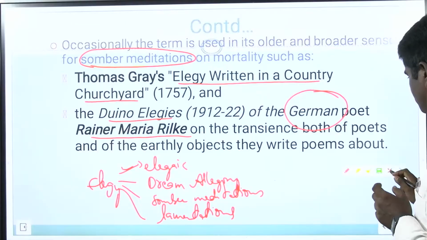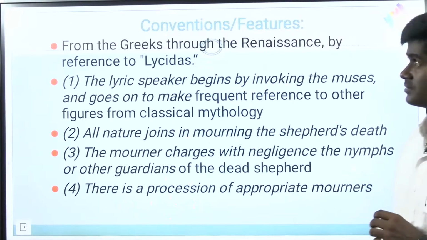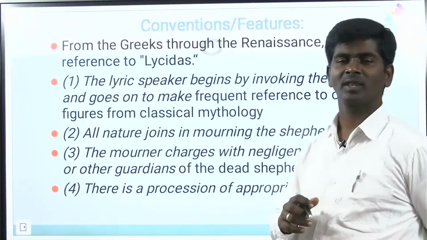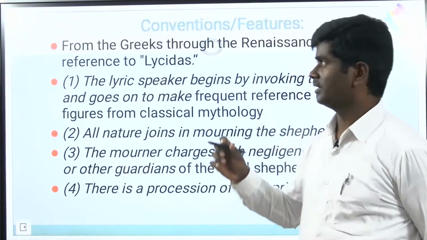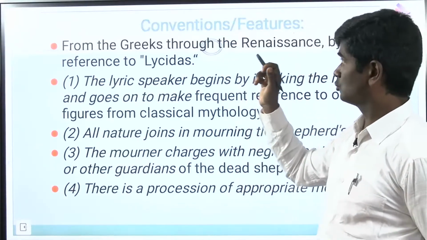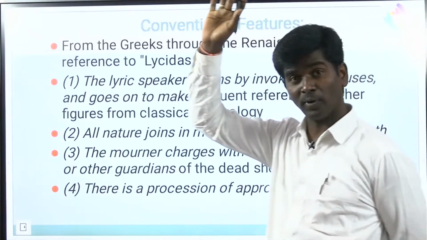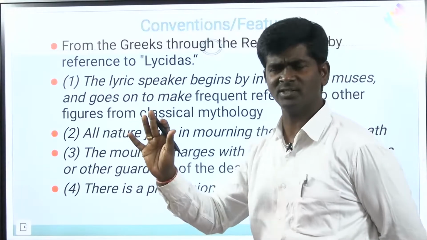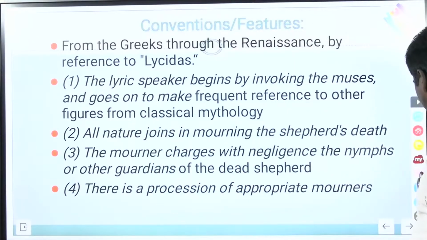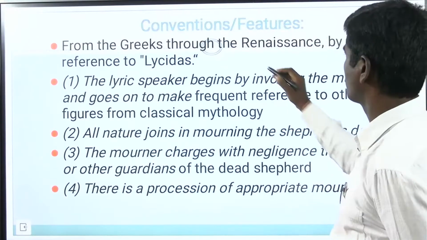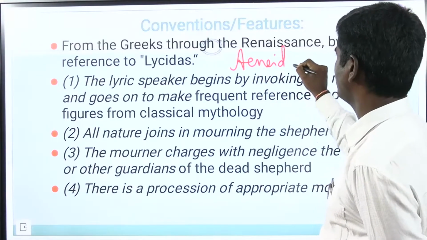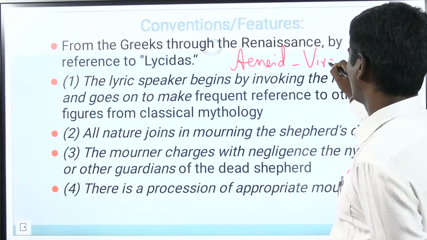Next, my friends, what are the features of this elegy? From the Greeks through the Renaissance, according to Greek literature, the best person who wrote a number of elegies was Virgil, who wrote the Aeneid.